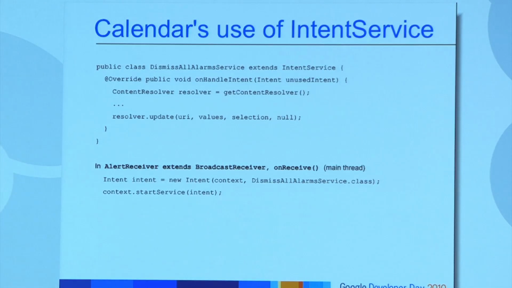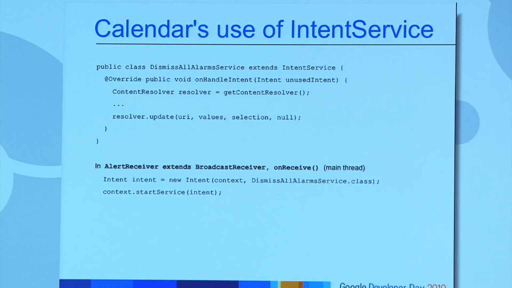So the calendar has to go run a bunch of code to clean up the pending alarms and clean up the state of the calendar. And this is actually quite a lot of work, and it requires updating the storage. So it's pretty slow. So what he does is he makes an intent for that and just says start the service, and so that will run in the background and it will not be dismissed.